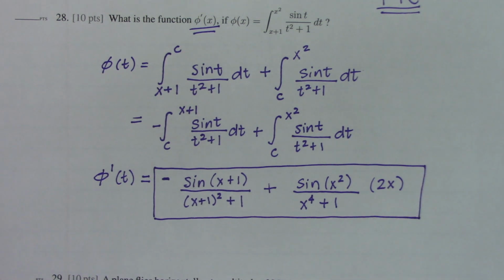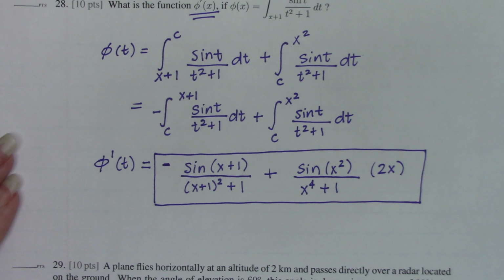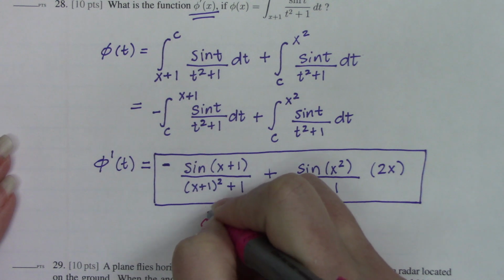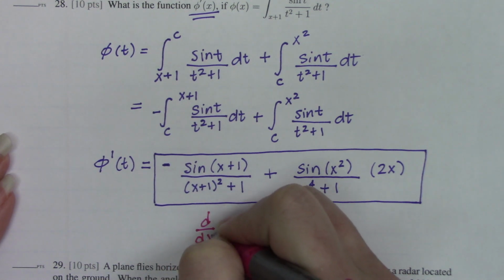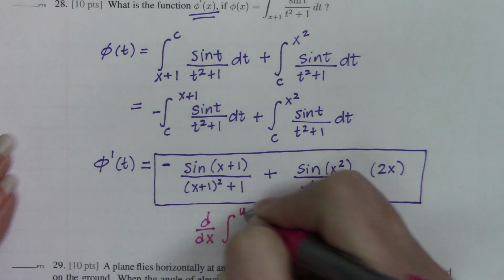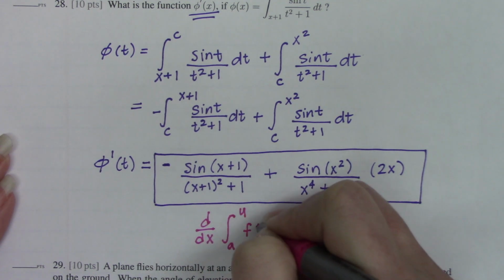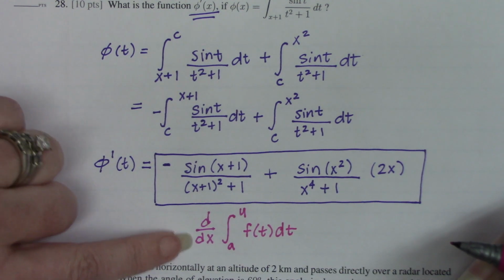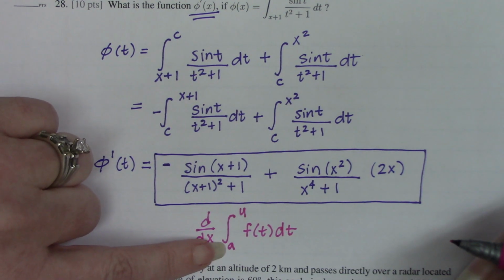Now, for some of you that would like a formula, I'll show you there's actually a formula for this. The derivative with respect to x of the integral from a to u.